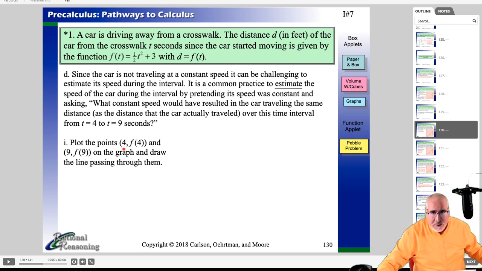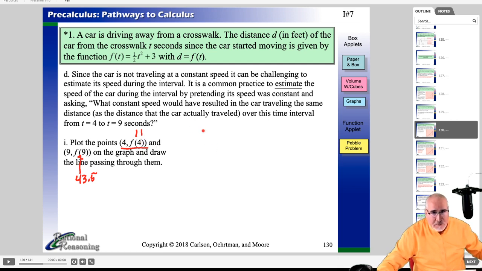When we look at this, we've got the point 4, f of 4, which again, when you plug 4 into the formula, we calculate that as 11. And f of 9, well, what is f of 9? That's what happens when you plug 9 into the function. And as we saw earlier, that gave us 43.5. So part of it is getting comfortable with this notation.